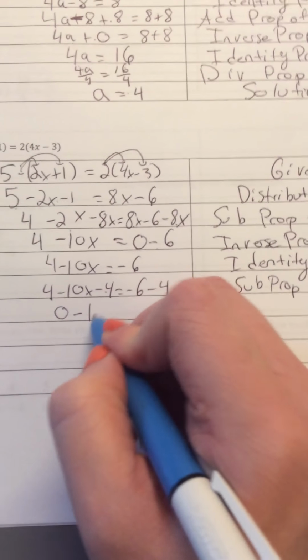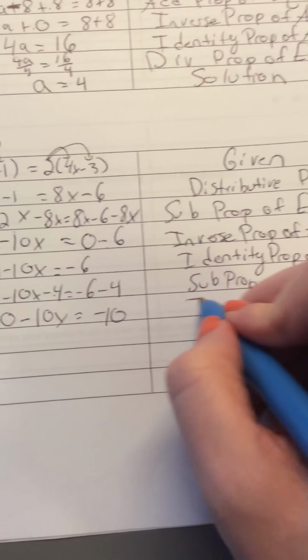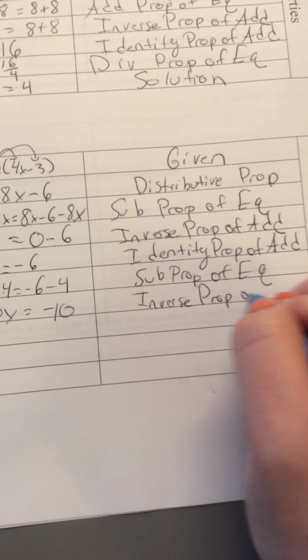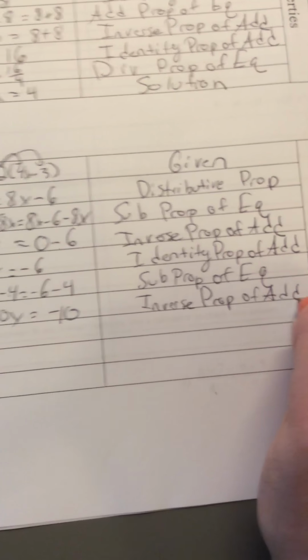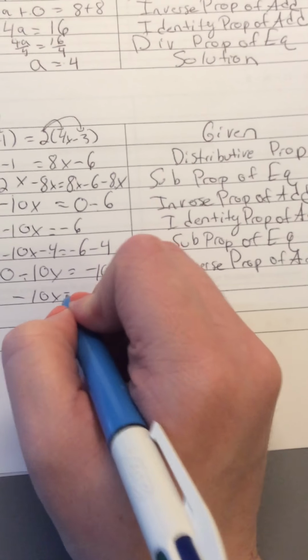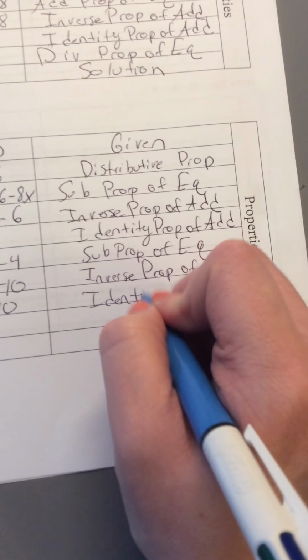We know that 4 minus 4 gives us 0 because of the inverse property of addition. We know that we can get rid of the 0, and that's our identity property.